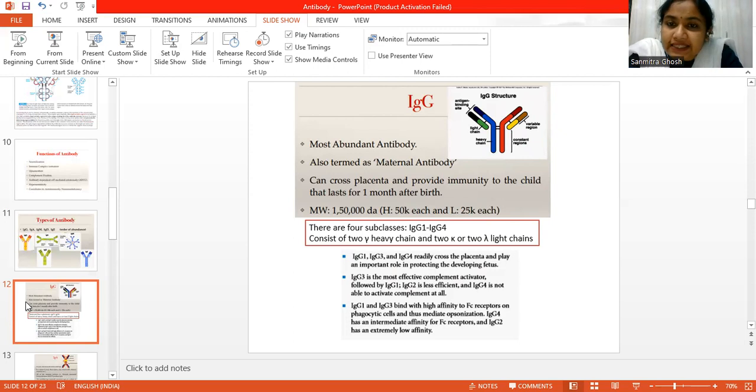So IgG, this is a very small picture and a very simple version of the IgG structure. And it is the most abundant antibody, and it is mainly present as a monomer in our system. This IgG is also referred to as maternal antibody because this is the antibody which we inherit from our mother as we are born.